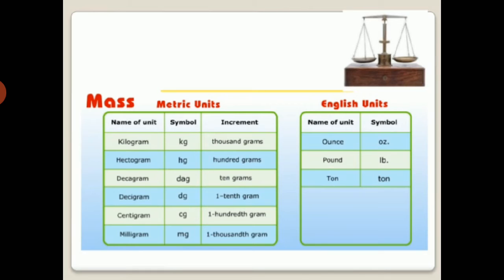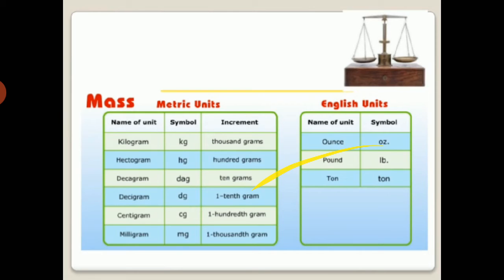If we discuss the length, for the metric units, the kilometer is denoted by the symbol km, and it is measured in 1000 meters. Hectometer is denoted by the symbol hm, and it is measured in 100 meters. Decameter is denoted by the symbol dam, and it is measured in 10 meters. Decimeter is denoted by the symbol dm, and it is measured in 1/10th meter.